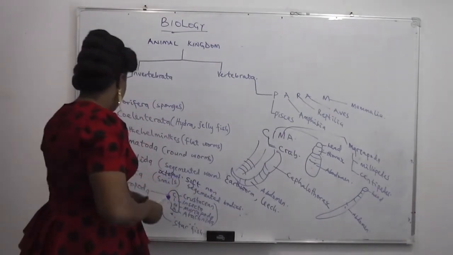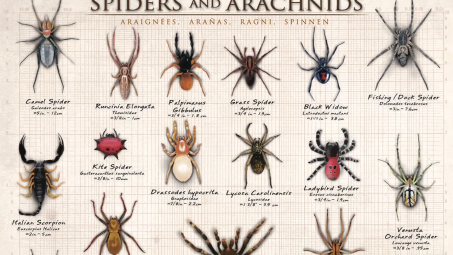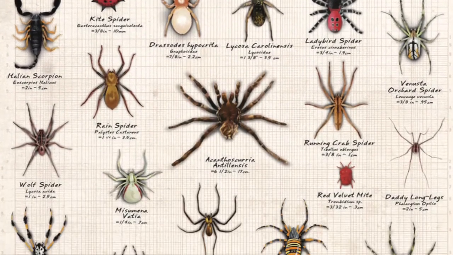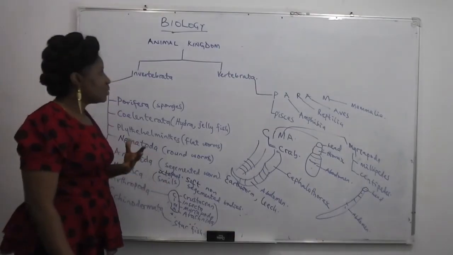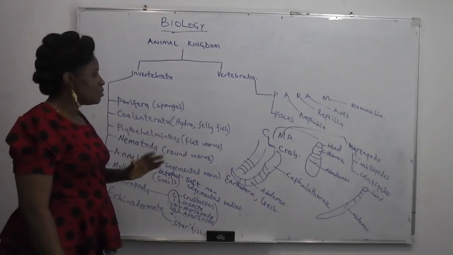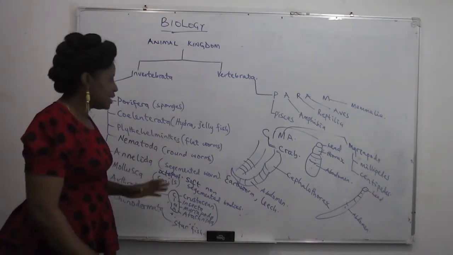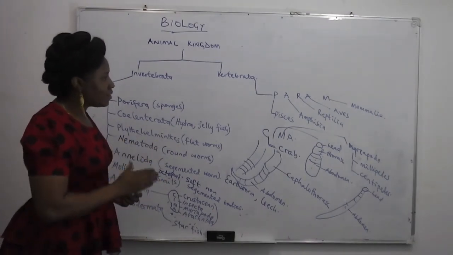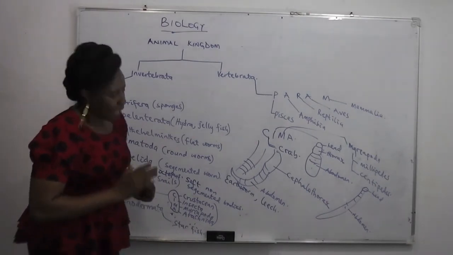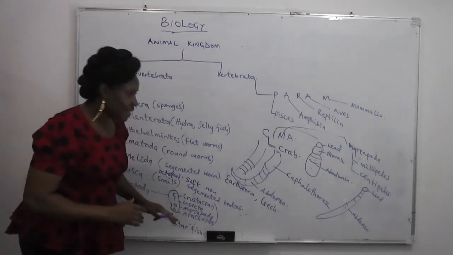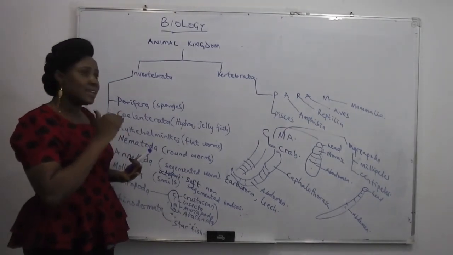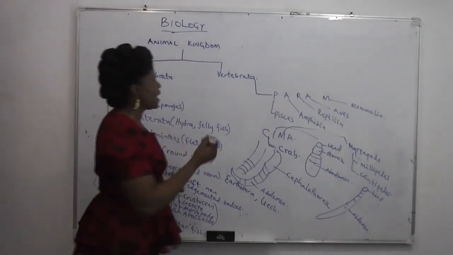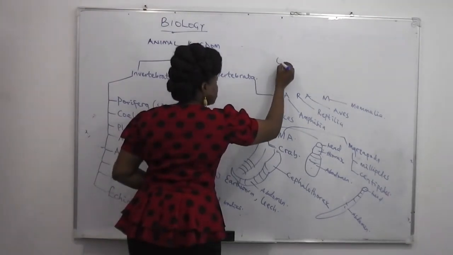Finally, on arthropoda, we have the arachnida. The arachnida are those ones that do not have what? They don't have antenna. They look like insects, but they are not really insects. Another thing that differentiates an arachnid from an insecta is that an arachnid does not have an antenna, while an insect has what? Antenna. What I mean by an antenna is that it is located on top of the head.